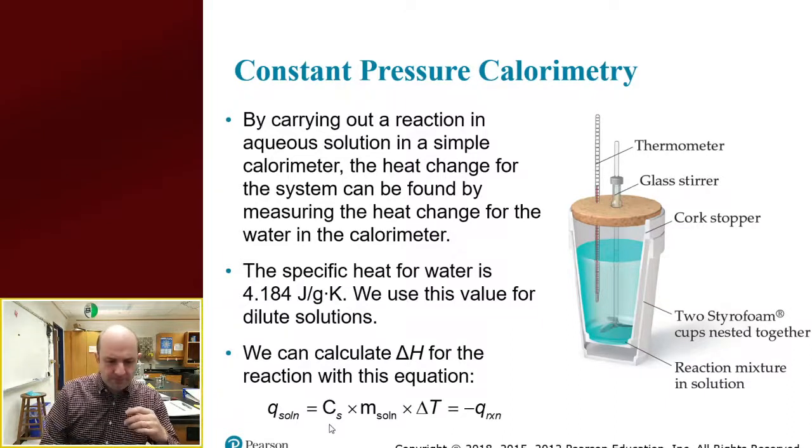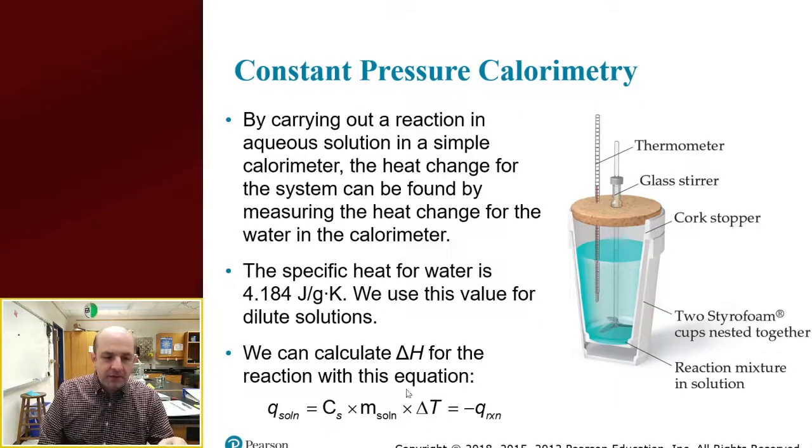And we use this equation that the delta H, because it's the same as Q, is the specific heat, which you would look up, so okay, that's the 4.184 for water, times the mass of the solution, so that's going to be how much water did we use, how many grams of the other chemicals did we use, just throw that all in there, and then times the change in temperature. And once again, this delta is final minus initial. So you'd say, what's my final temp minus my initial?